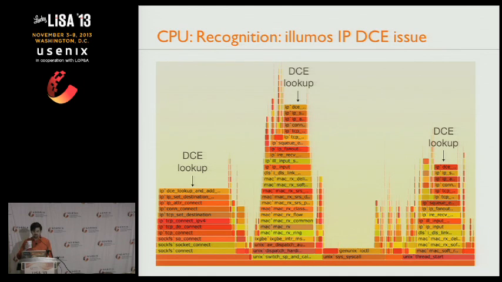This one was an issue we had in the kernel where there's a cache, the DCE cache, which caches routing entries. So if you look up a route, the kernel doesn't have to parse the routing table. It has a very quick mapping. Anyway, it turns out there's a problem with the DCE cache, and it was showing up on CPU a lot.